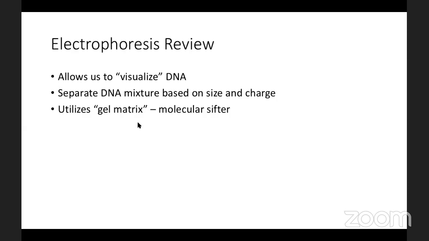Or that we would use to separate out noodles from a pot of boiling water. The gel matrix is the same thing. It's a sifter. The only difference is that we can't see the little mesh holes with our eyes. And so this particular sifter is good for separating really tiny molecules like DNA.